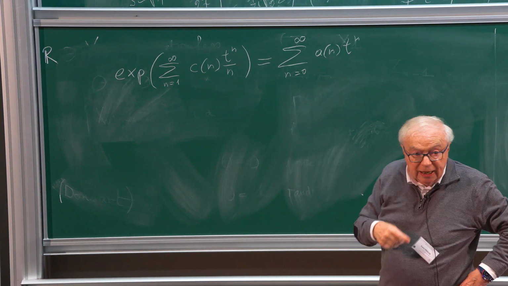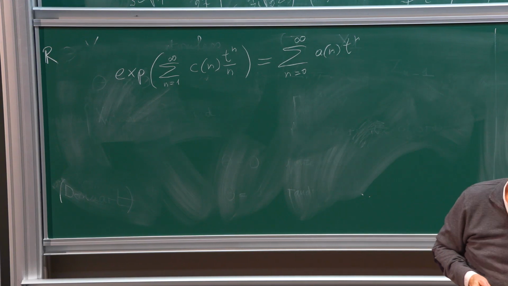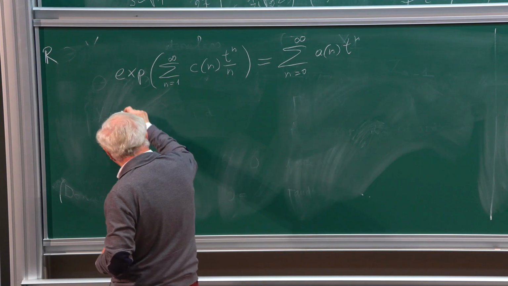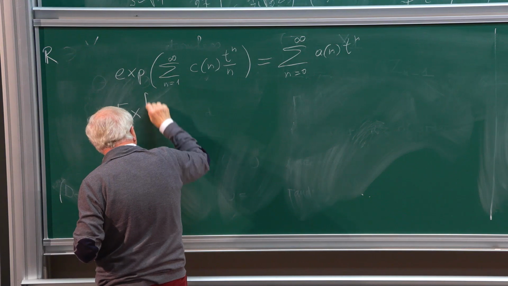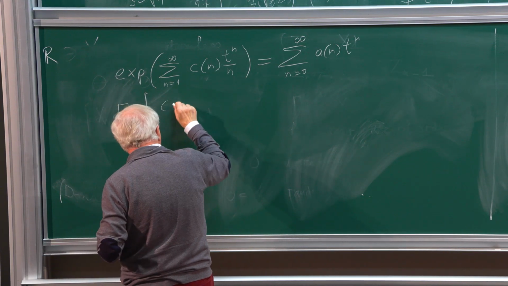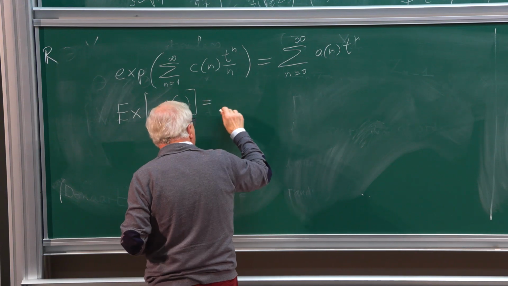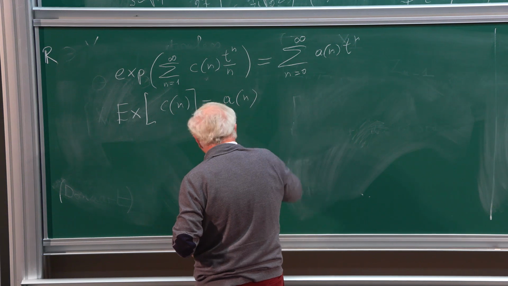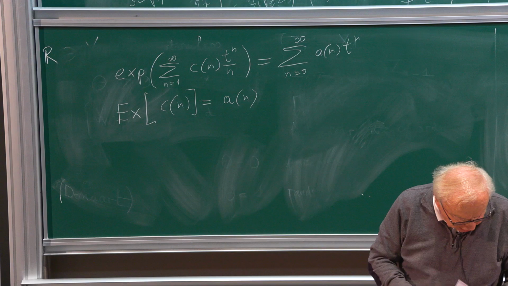In combinatorics we have exponential generating functions. And I will call this transformation X of c of n equals a of n.